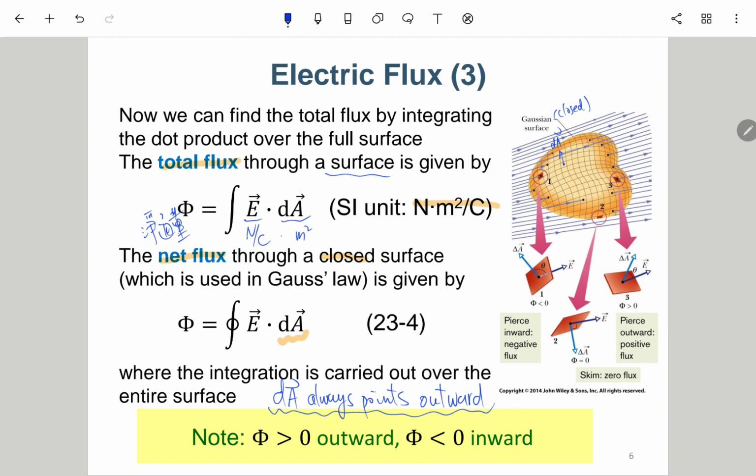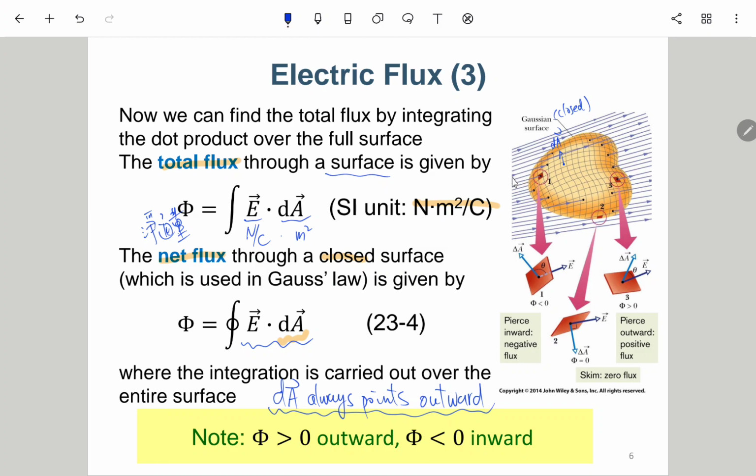Okay, so in such a way, if we have E dot dA and do the integration and it is greater than 0, it means this E field is going outward. Maybe some parts are positive, some are negative, but if the total sum is positive, it means the part going outside is more than the part going inside.